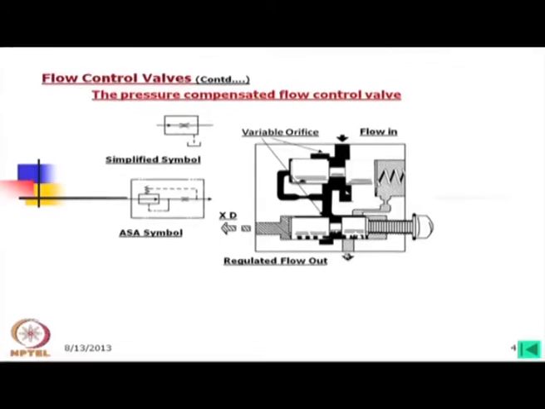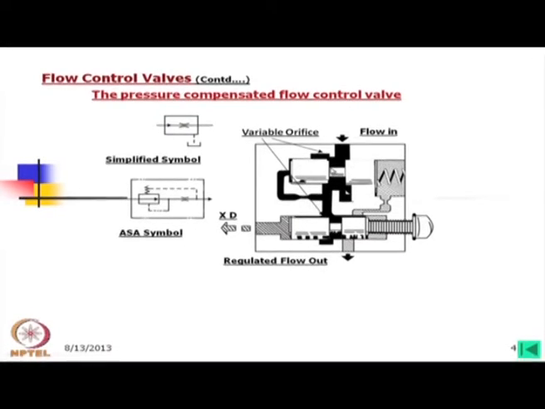Suppose there is an increase in the pressure. Once there is an increase in this pressure, definitely there will be a change in flow, because in this orifice there will be a change in pressure difference. Once this flow is changed, the flow will occur through this orifice.